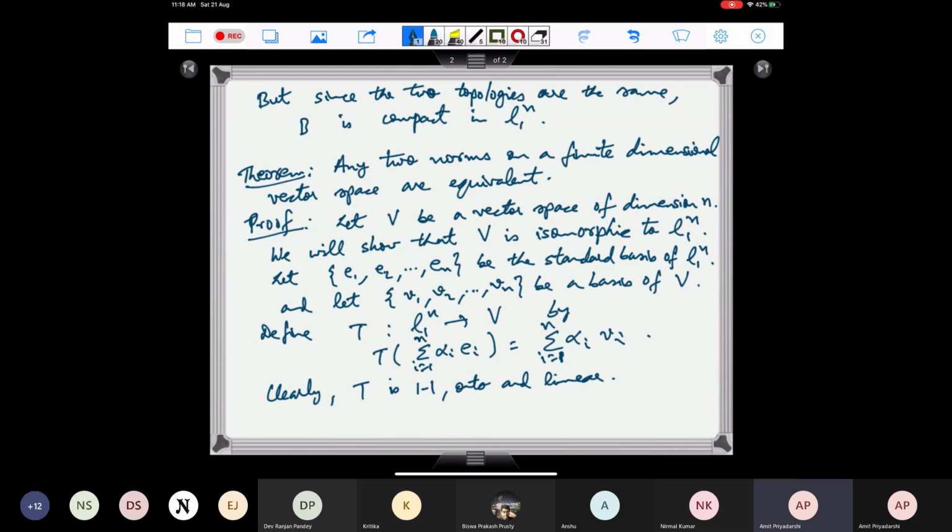Now we will show that this T is continuous and T inverse is also continuous. So T and T inverse both are bounded linear operators. So why is T continuous?